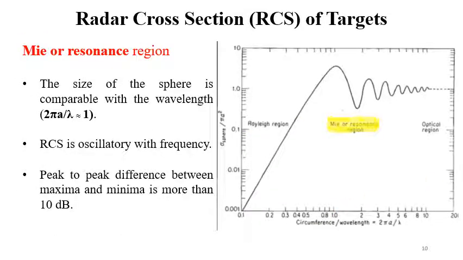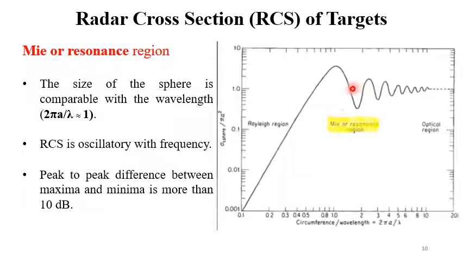Now we will consider the Mie region or the resonance region right here. This one. So for this case, the size of the sphere is comparable with the wavelength. So 2 pi a by lambda is nearly equal to 1. Here as you can see, RCS is oscillatory.